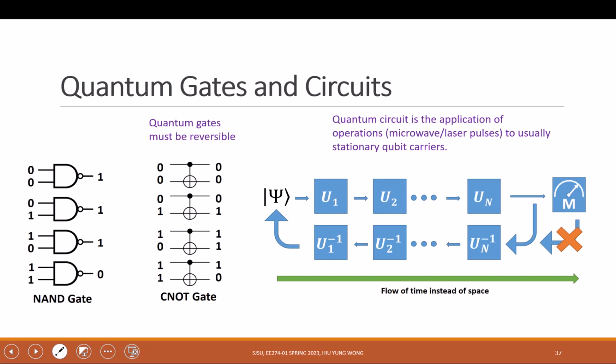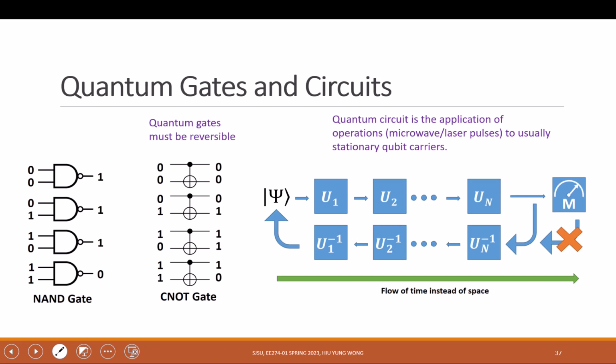Quantum computing is qubit-centric. The qubits sit there. And then what happens? At time 1, you apply a laser pulse or a microwave pulse. You change my state. Time 2, you apply another pulse, a different type of pulse, you change my state. So that you realize the NOT operation, Hadamard gate operation. Okay? So you can see some algorithm saying that I need to apply 1 million gates.